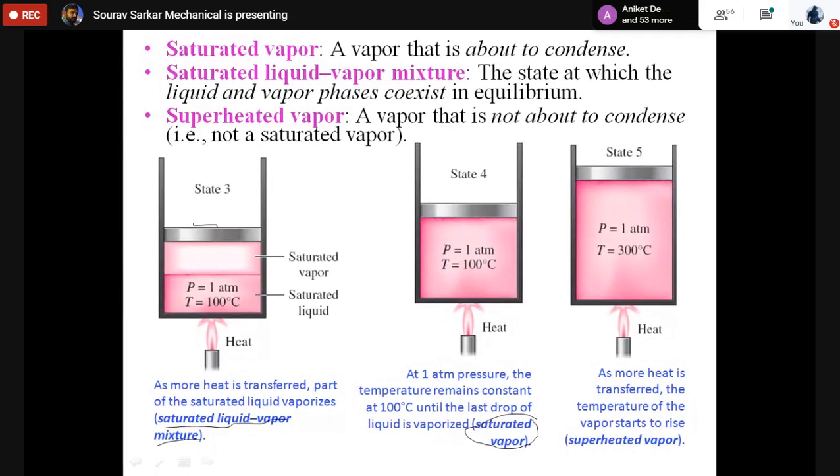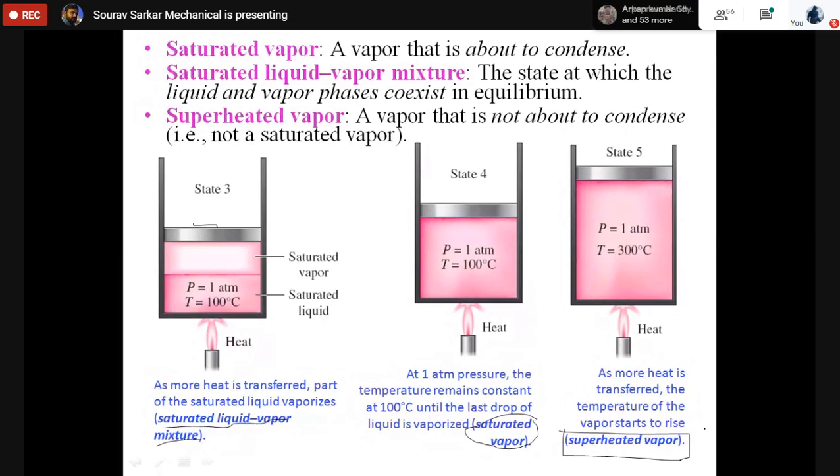After reaching the saturated vapor, if we heat it further, as more heat is transferred, the temperature of the vapor will start to rise. Sorry, I got distracted. This is called superheated vapor.